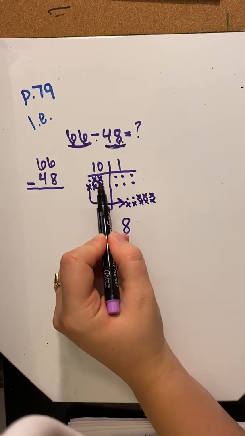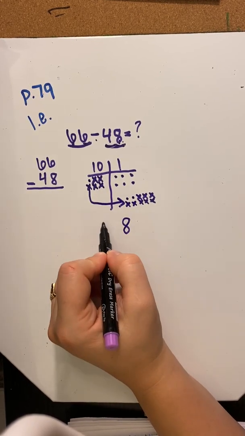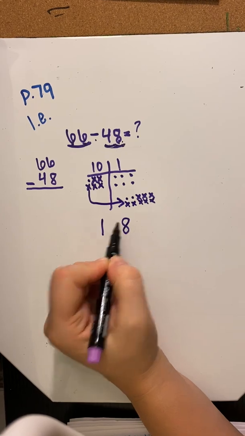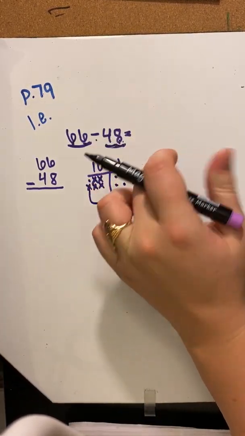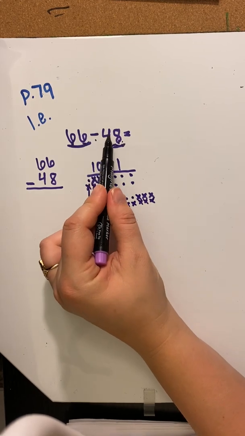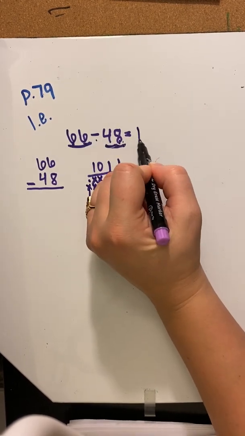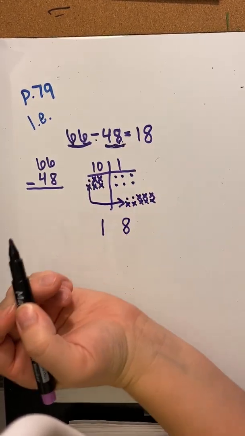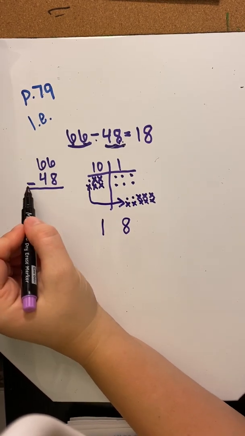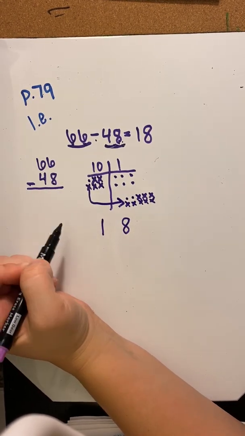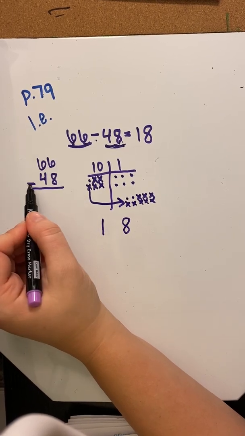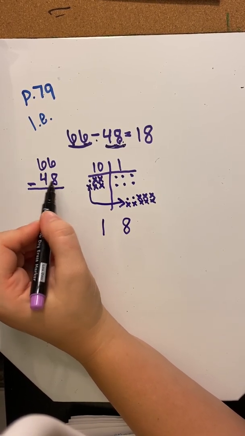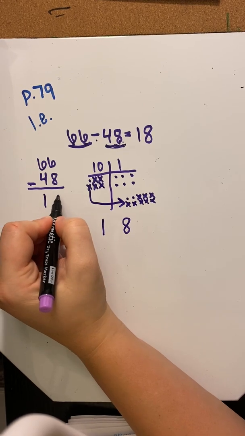And over here, I just see we have 1. Okay, so 1 ten and 8 ones is 18. So 66 minus 48 is 18. 66 minus 48, and this minus means take away, right? So 66 take away 48 gives us 18.